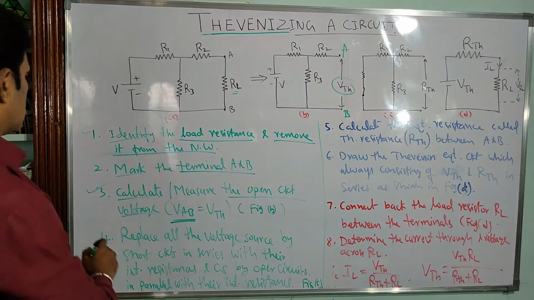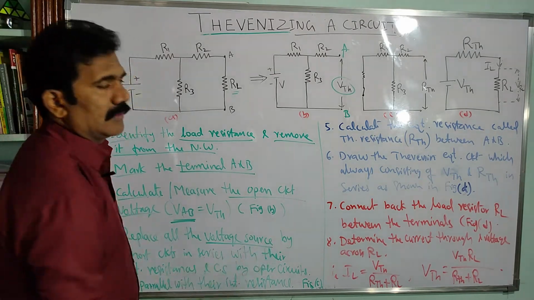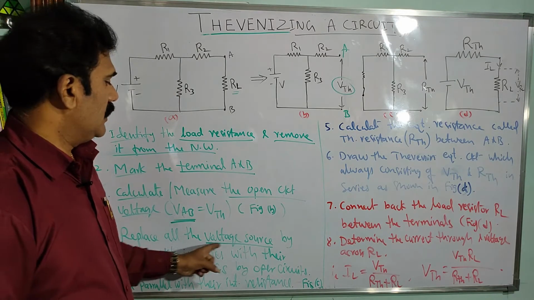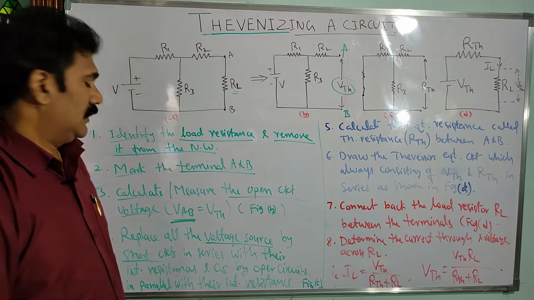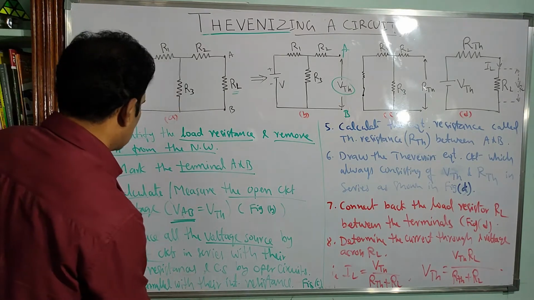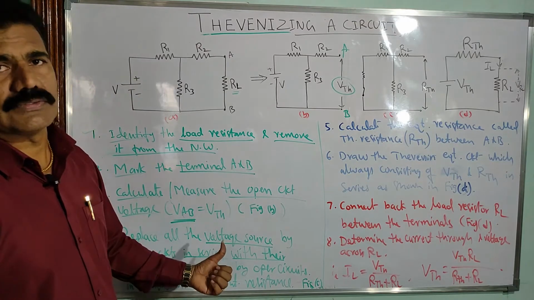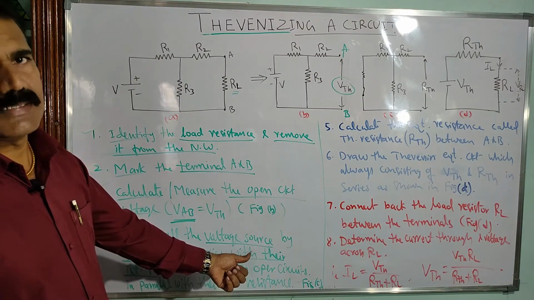Now go to the next step. Replace all the voltage sources in the circuit. If there are voltage sources, what do you have to do? Replace all the voltage sources by a short circuit, in series with their internal resistances. Suppose the voltage source has an internal resistance, then short circuit with its internal resistance in series.